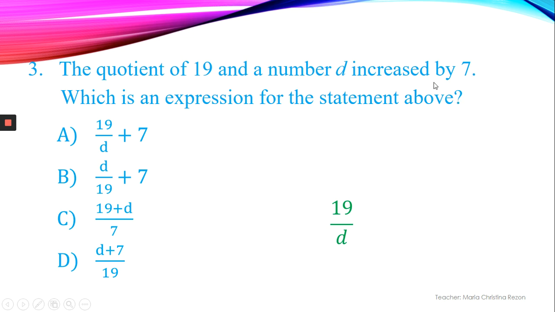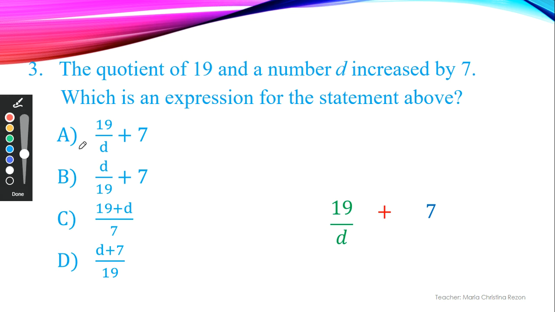When you say increased, that is just addition by 7. So you have 19 over D plus 7. Now, if you noticed, we might get confused here because they almost look the same. But we have to choose our best answer here, which is the same as what we've got here. Then we will find that it's letter A.